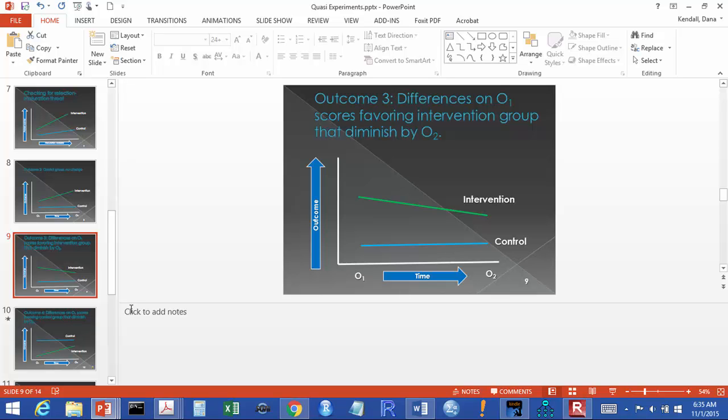And I believe that the most logical explanation for this is an RTM effect, where we have selected people who are high on the pretest to be in the intervention group, maybe high potentials, and they're going to take a little bit of a dive over time, and it's going to be difficult to tease that apart from an intervention effect, especially if you're trying to decrease some kind of outcome. So this is an effect that may be RTM at work.